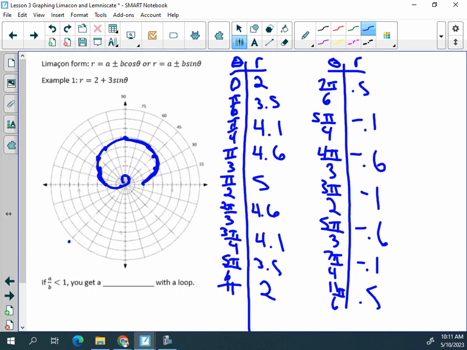So somewhere along there. And then back to 2 pi will get us 2. So that finishes off. So this is a limacon with an inner loop. So if your a over b is less than 1, notice our a is 2, our b is 3, that's less than 1, you're going to have a limacon with a loop.